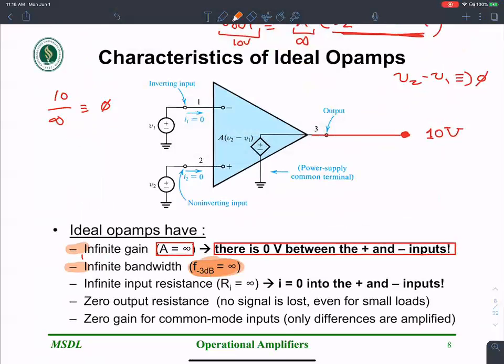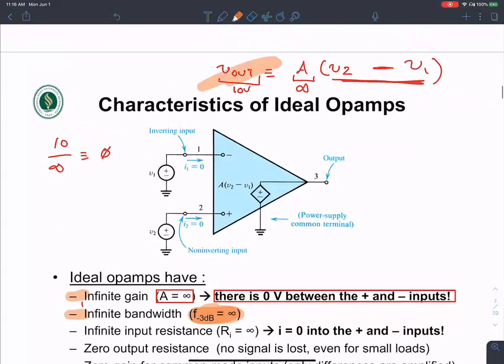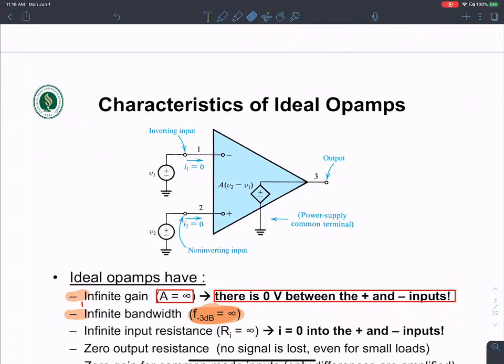Let me clear this up a little bit. The first assumption is that the open loop gain of an op-amp is infinity. That's one assumption: AV is infinity. The second assumption is about infinite bandwidth. The third assumption is that the resistance looking into the op-amp, Rin, is infinity.